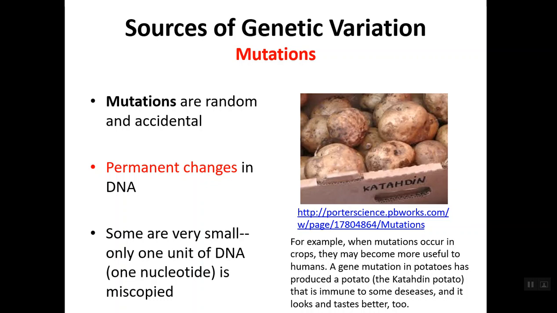Some are really small, and some mutations can be larger. For instance, sometimes a portion of a word may be completely missed, or just a letter could be missed, or a letter could be introduced, or sometimes an entire sentence could be deleted. So sometimes mutations can be large.